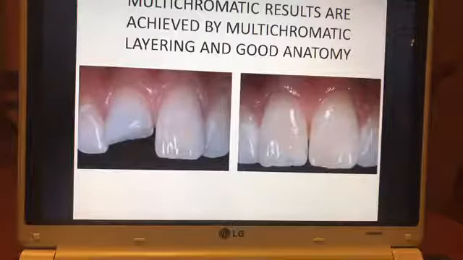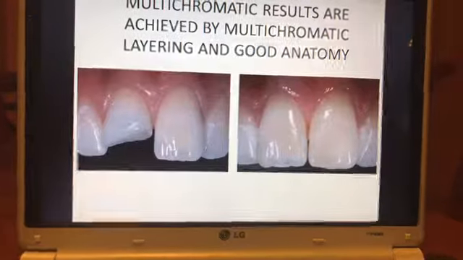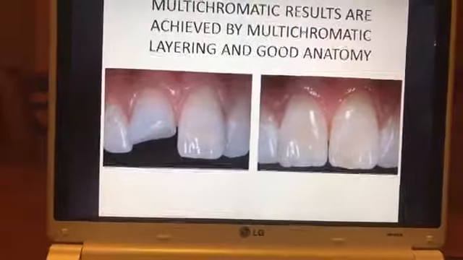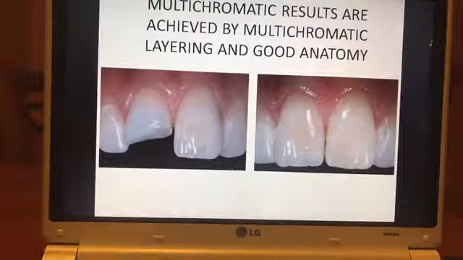The first rule I want to emphasize over here is that multichromatic results can be achieved only by multichromatic layering and good anatomy. What does that mean? The tooth is composed of many colors, not only a single color. And if you want to reproduce a natural appearance of the tooth, you have to understand the nature of the color and also use multicolors to reproduce this tooth.